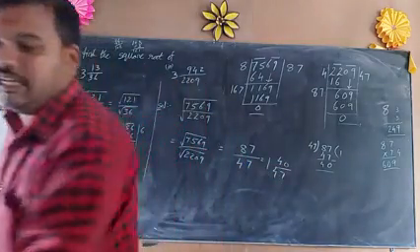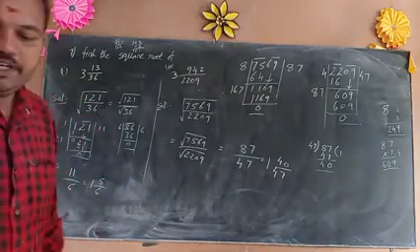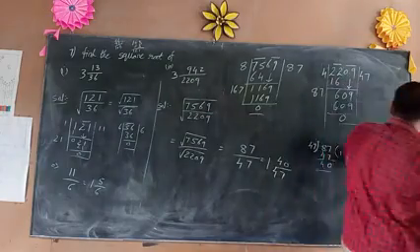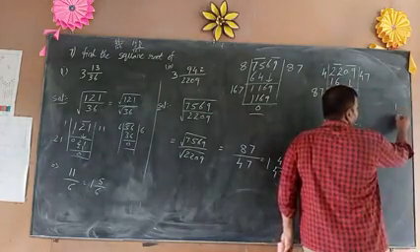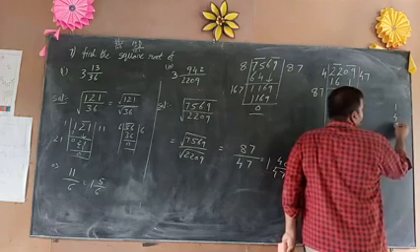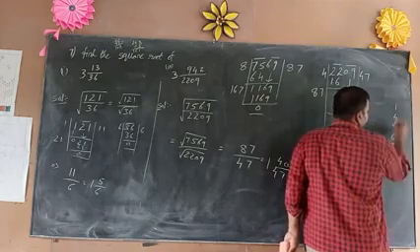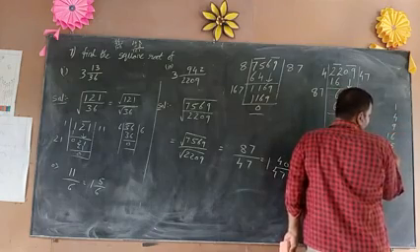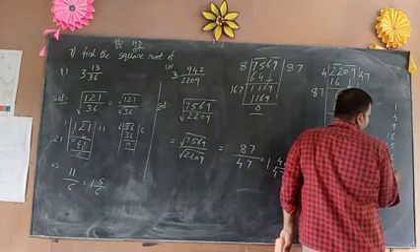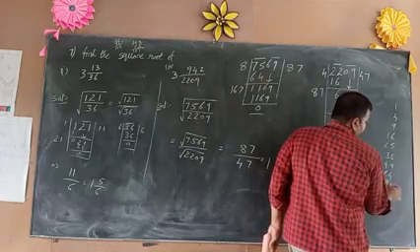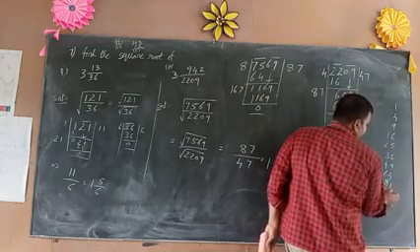Observe one thing here. See the ones: 1 1 is 1, 2 2s are 4, 3 3s are 9, 4 4s are 16, 5 5s are 25, 6 6s are 36, 7 7s are 49, 8 8s are 64, 9 9s are 81, and 10 10s are 100.